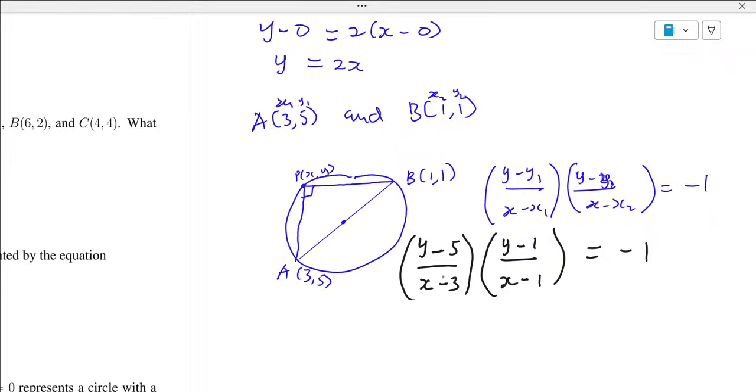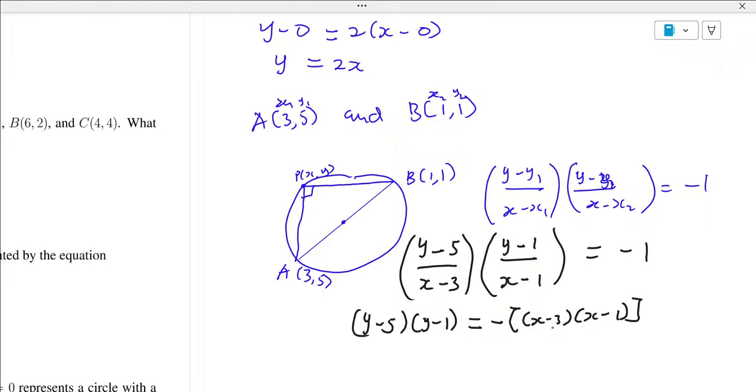Now we all know that if we are going to manipulate this thing, we can multiply through by (x minus 3)(x minus 1) throughout, and then we cancel it out. So we will have something like (y minus 5) multiplying (y minus 1) to be equal to negative (x minus 3)(x minus 1).